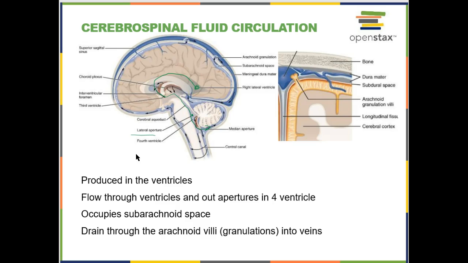So cerebrospinal fluid leaks out of the brain. This is either through brain tissue or probably the pia mater. You're still enclosed within the dura mater here. It's just leaking out of the brain itself into the subdural space.